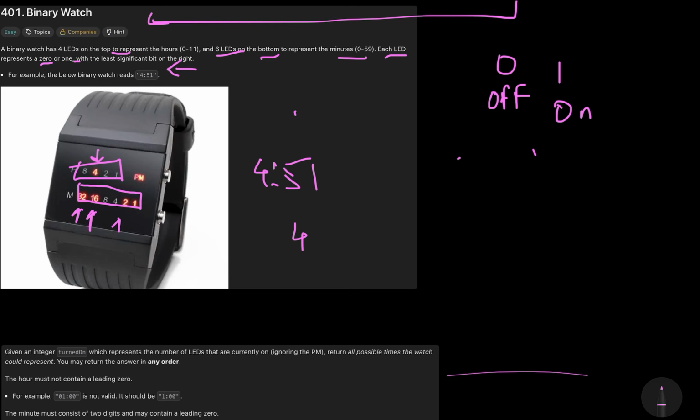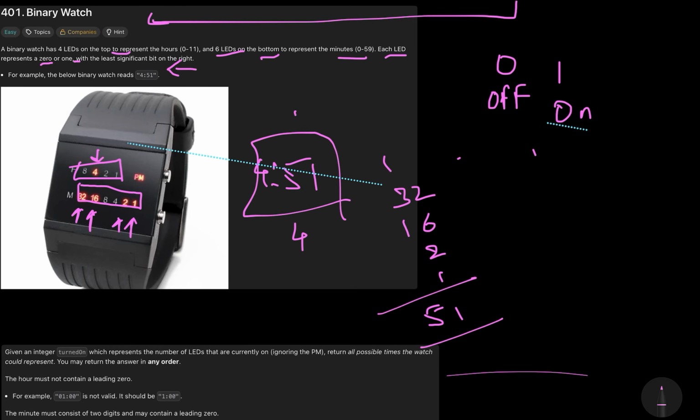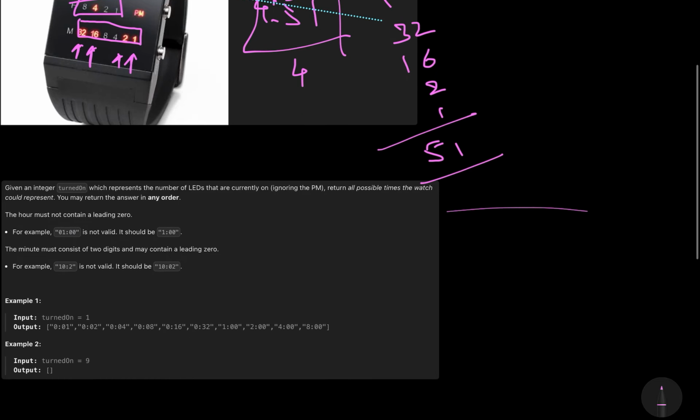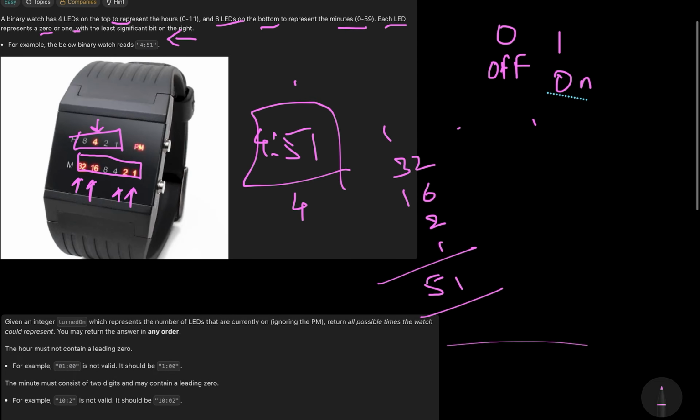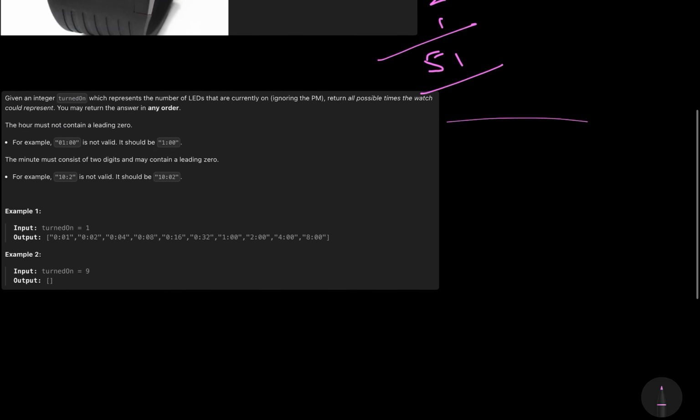And in minutes, these 4 bits are on, which is 32 plus 16 plus 2 plus 1, which is 51. So it says 4:51. Now this is what the problem says.